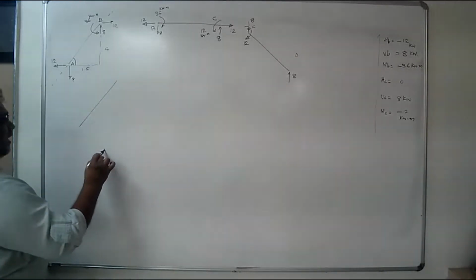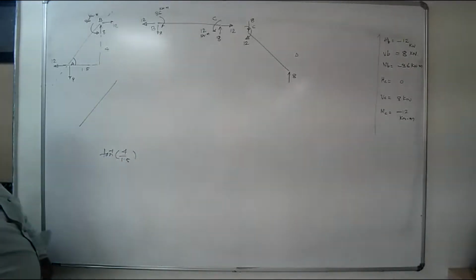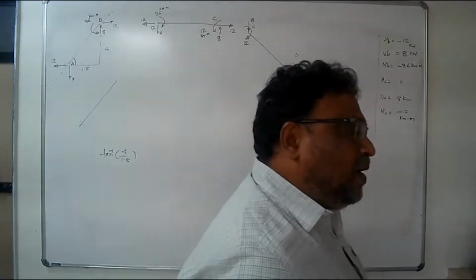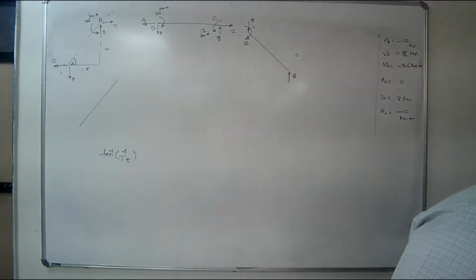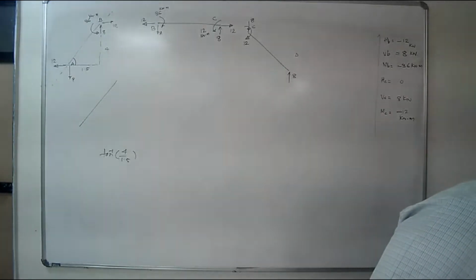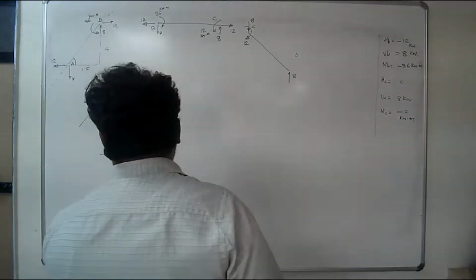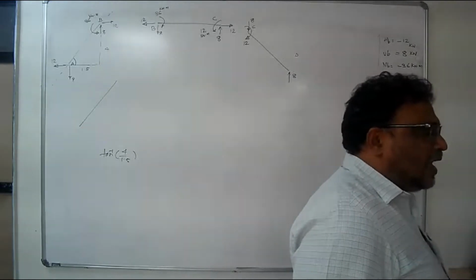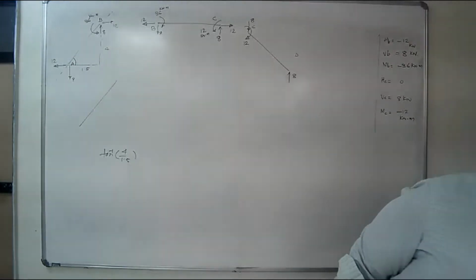How will you get it? It will be tan inverse of 4 by 1.5. How much will it be? Please sit with the calculator. I do not have the answers available, I have said before, I only have the question. According to the answer you give, we will solve. Please answer. How much is this angle? Tan inverse of 4 by 1.5. What is the angle? 69.43. Thank you, Arsalan.